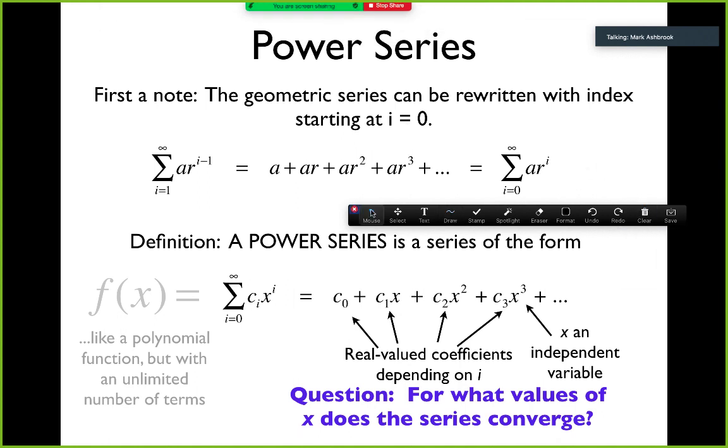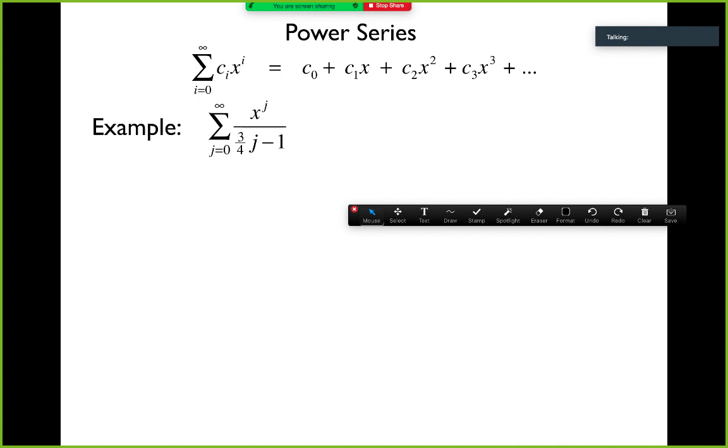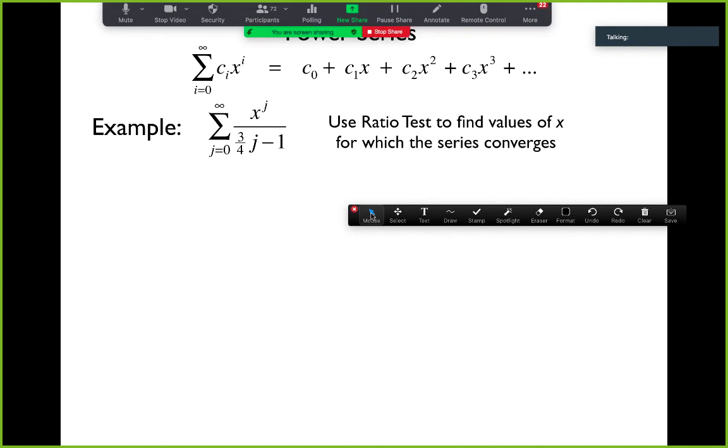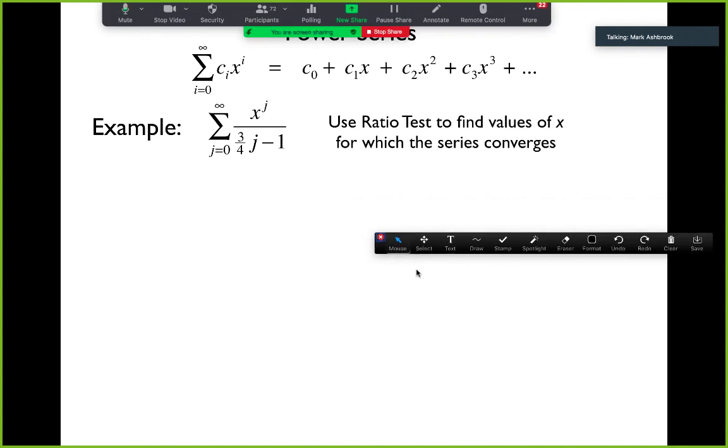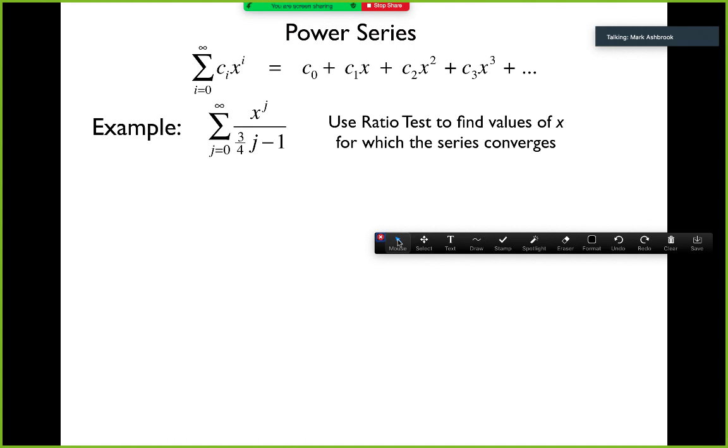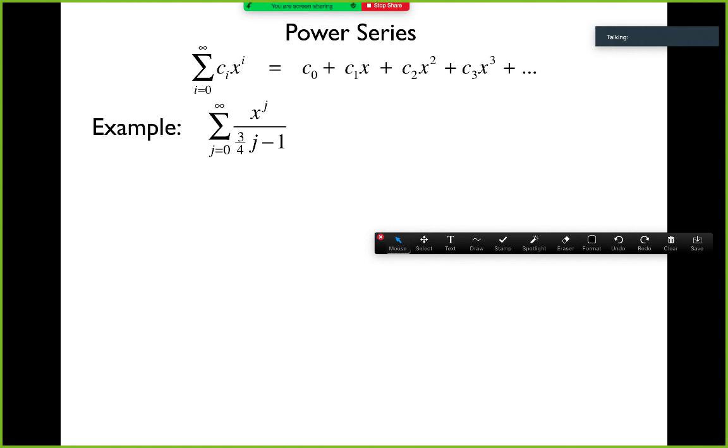Okay, very good. So let's take this example here. Notice x to the j over 3/4 j minus 1. Let's just see how that is a power series. So what did we say? What is the jth coefficient then? How would we rewrite this so it looks like this?